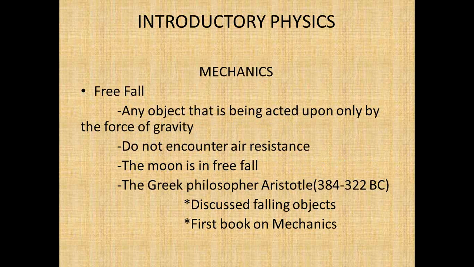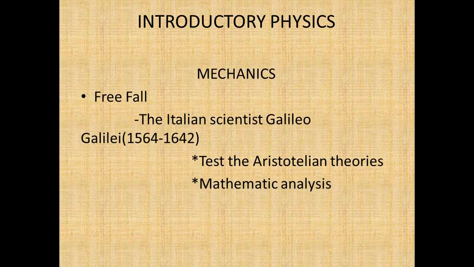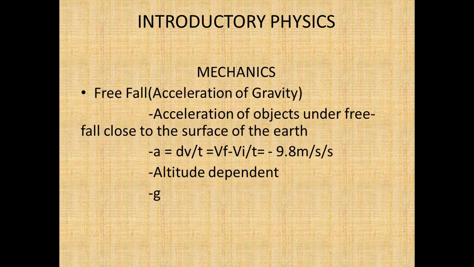So what you need to do is read up about Aristotle and Galileo, but we have improved on those theories. When something is subjected to free fall, again, the only force acting is the force of gravity.